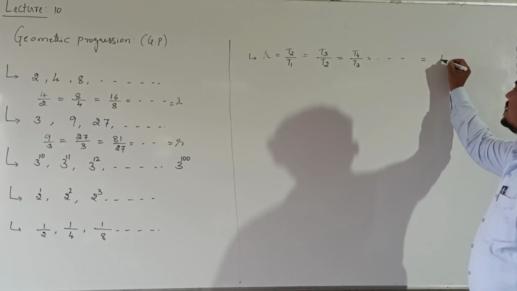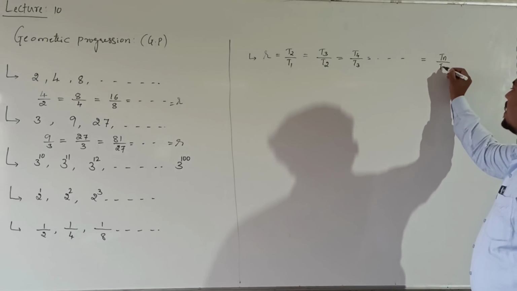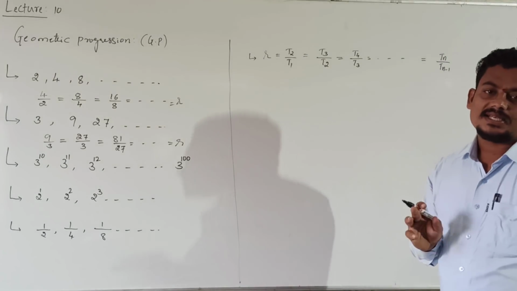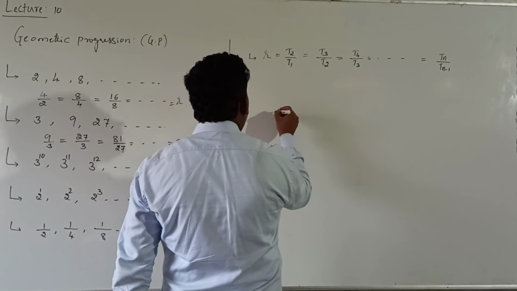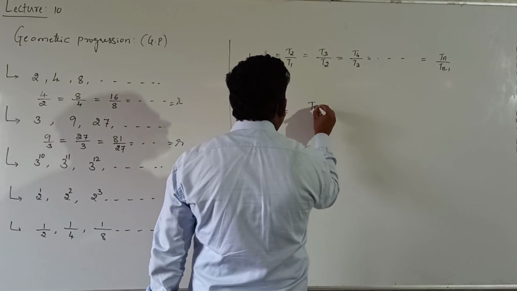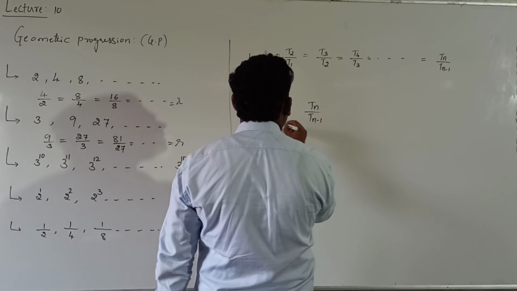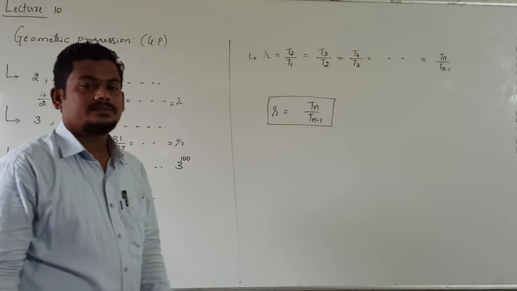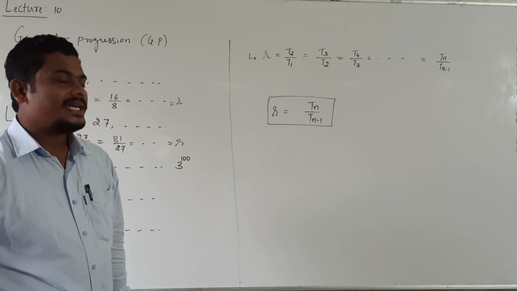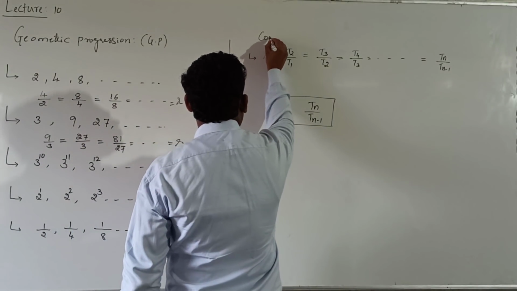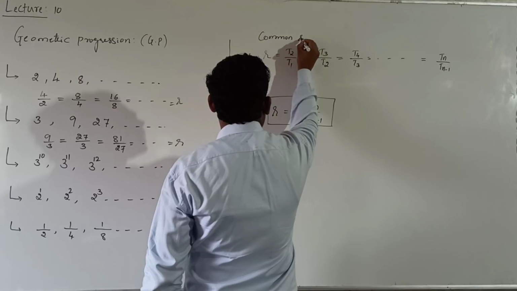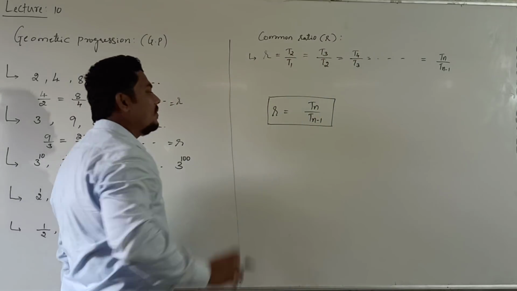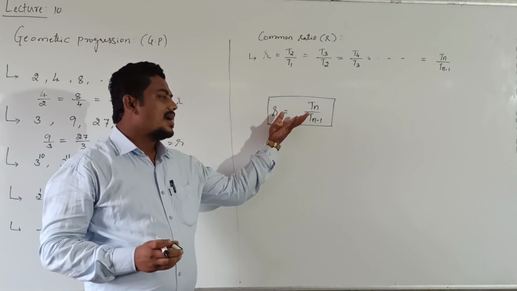In general, r is equal to Tn divided by Tn minus 1, the nth term divided by its previous term. This is the formula for finding the common ratio.